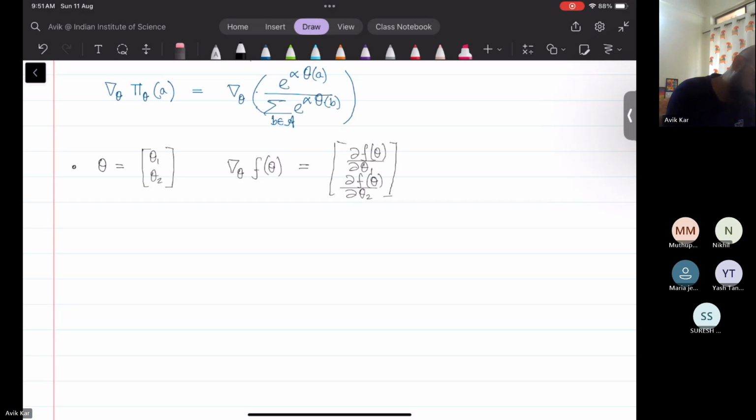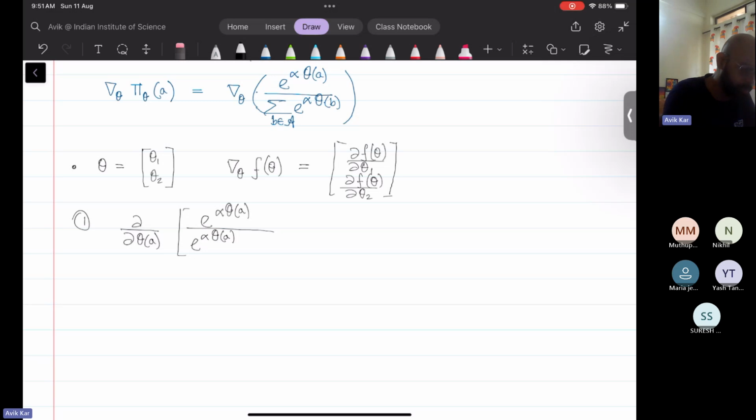First, the partial derivative with respect to theta a of e raised to alpha theta a divided by the sum. I am writing this a bit separately. We are separating theta a out because this is the variable for the derivative.